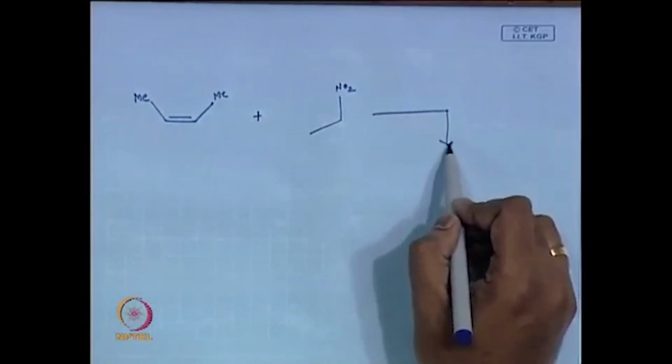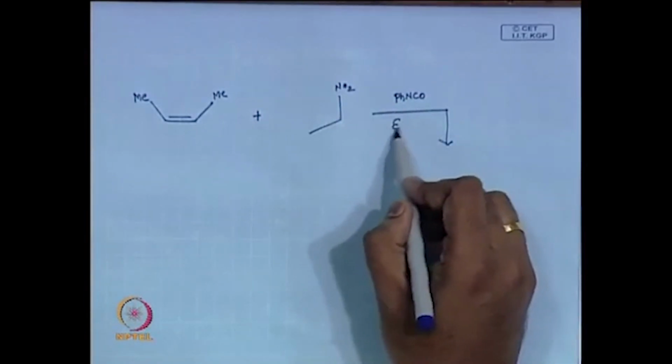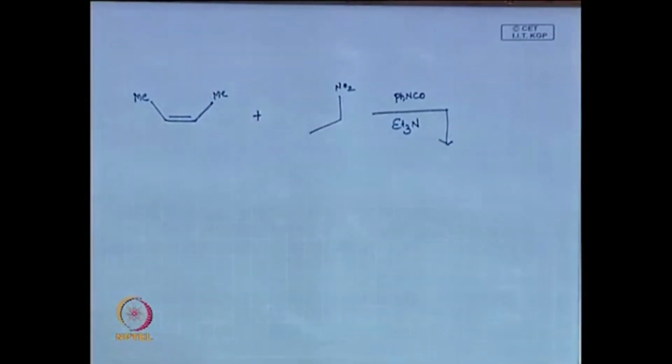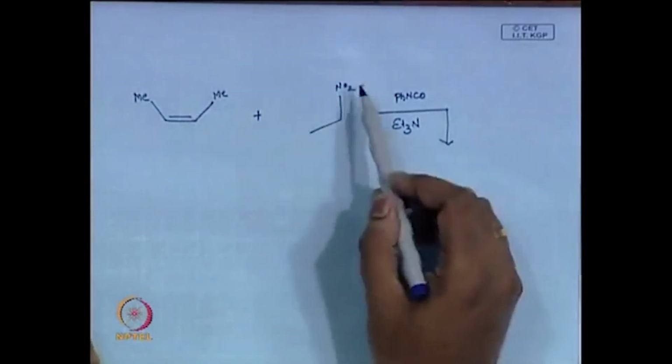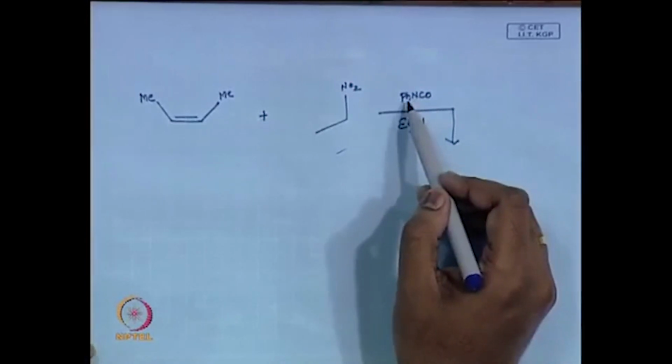This reaction: phenyl NCO in triethylamine. What I am trying to do here is, I have a nitro compound and I have my isocyanate, and then triethylamine.